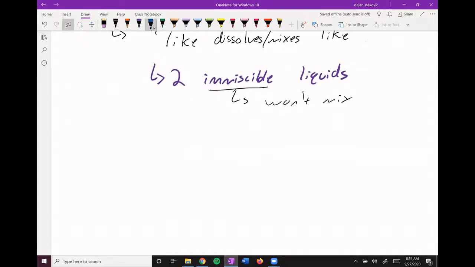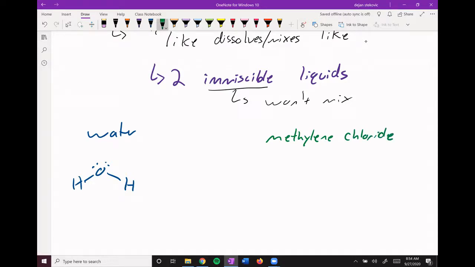The two that we'll be taking a look at today are water, which hopefully you know the structure and properties of by now, and methylene chloride. It's a very common organic solvent. It has a bunch of other names. So methylene chloride is one of them.